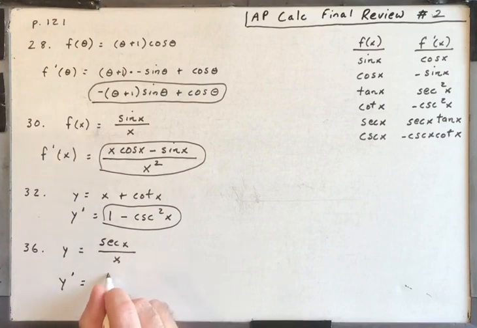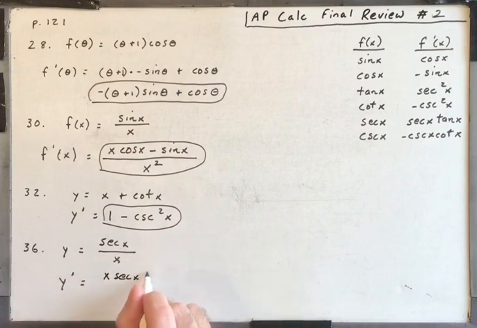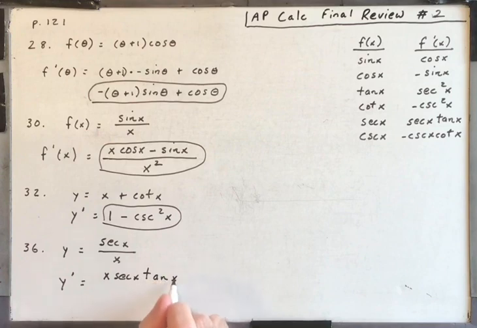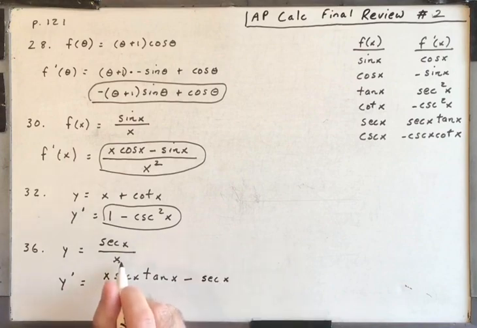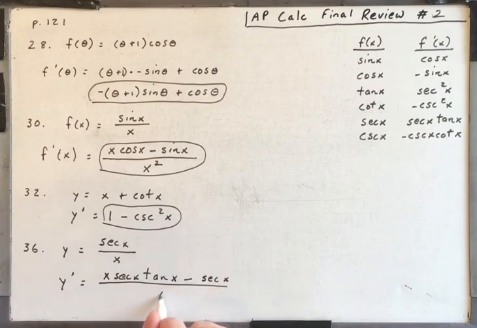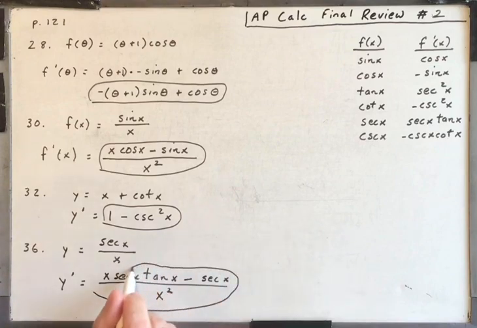The bottom, x, times the derivative of secant, which is secant x tangent x, bottom times derivative of the top, minus the top secant x, times the derivative of the bottom, that would just be 1, all over the bottom squared. The book would probably factor out a secant x. I don't see the point of that, so this is fine. I don't think it makes it where you can cancel anything out, so it's really not a lot better.